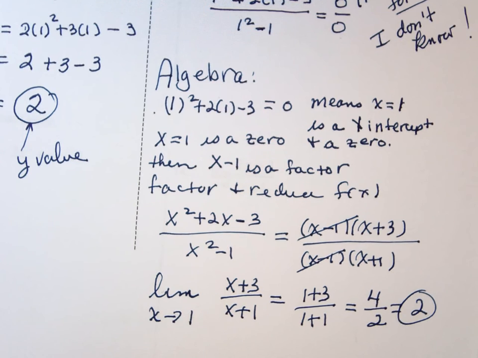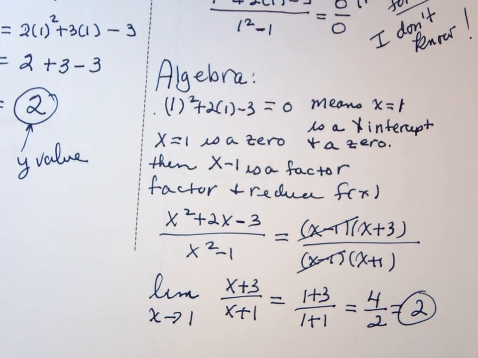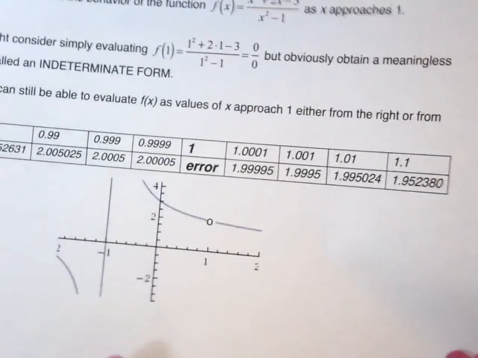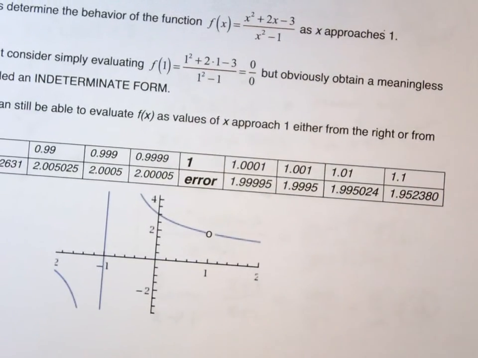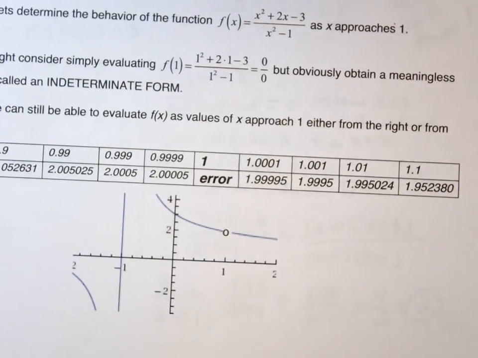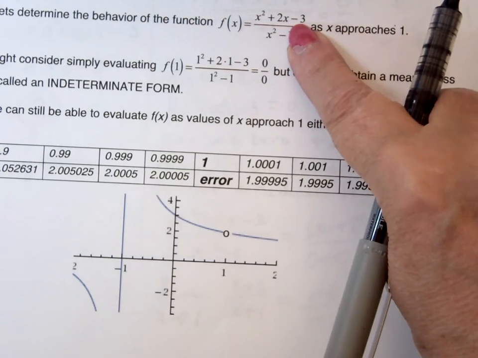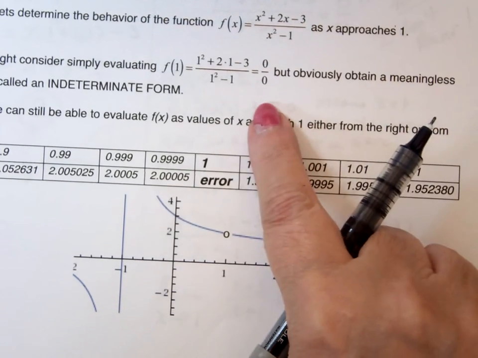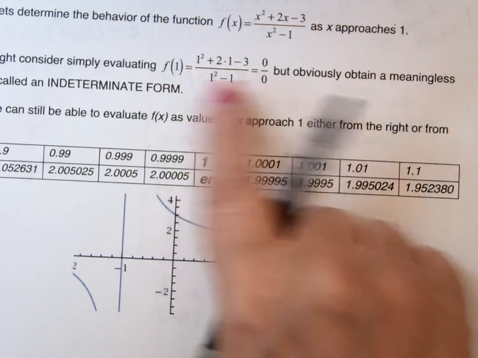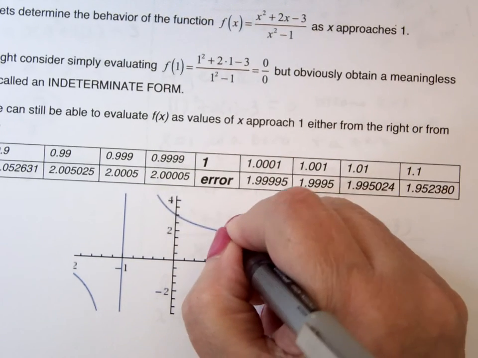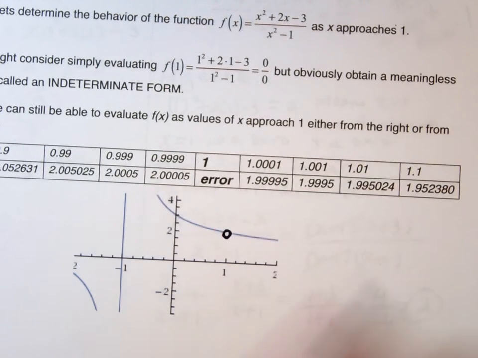Now, we have a picture of this guy, and I'll bring this back. Here it is. I got 0 over 0 when x equaled 1. Notice what it created. That was the hole in the graph.